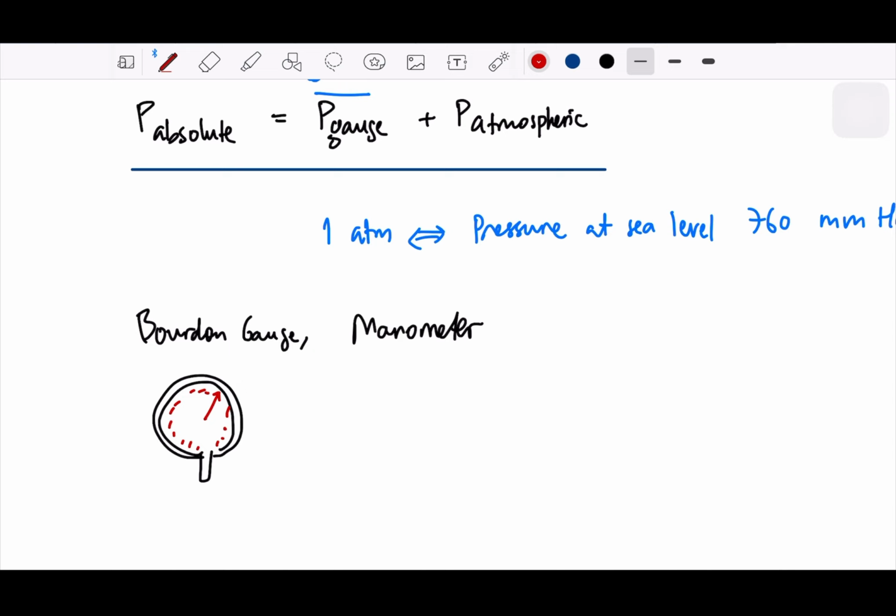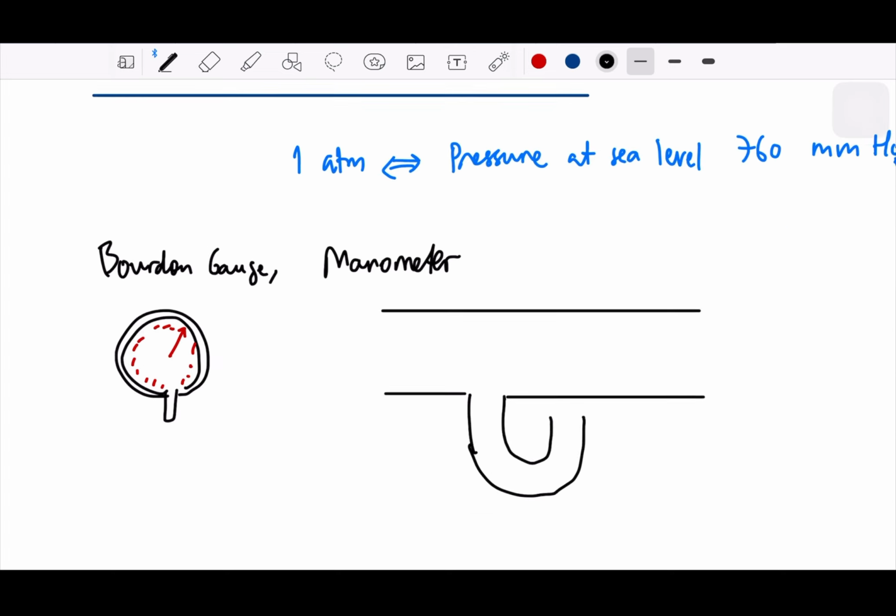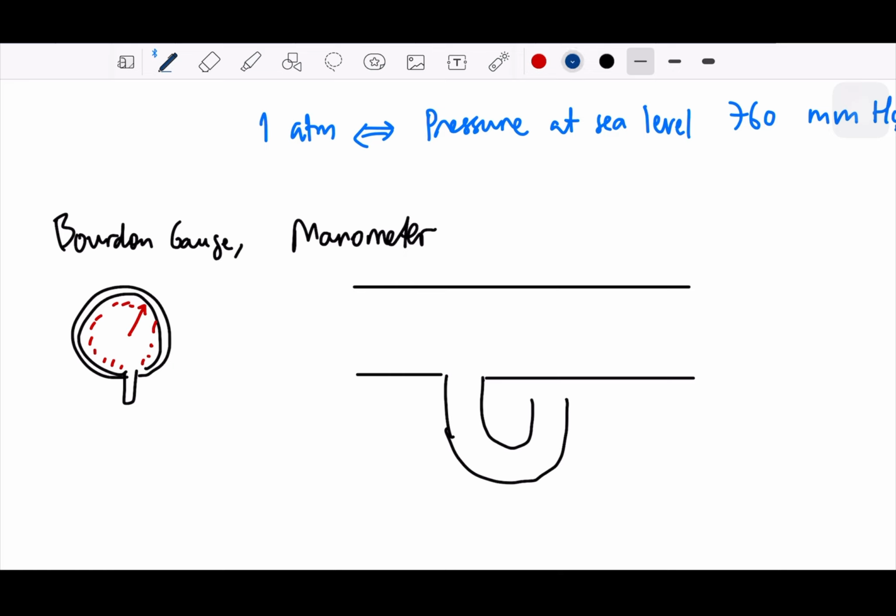Manometer, there are at least 3 types of manometer. So basically the manometer works like, okay, let's say you have some fluids, and then you have what we call manometer fluid. Okay. So this is the fluid or manometer fluid.